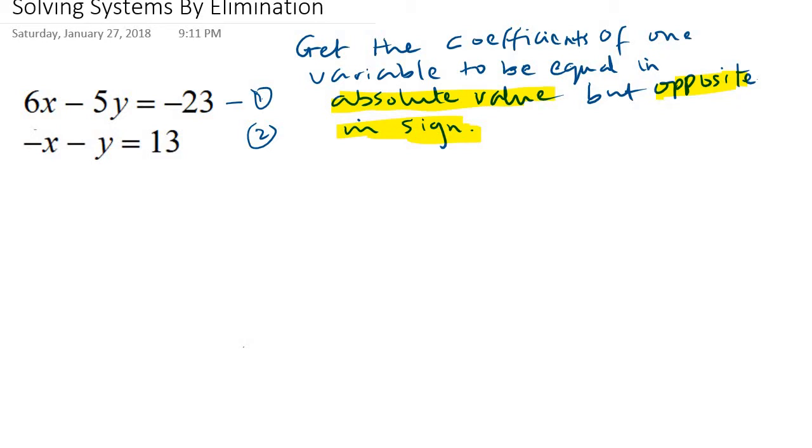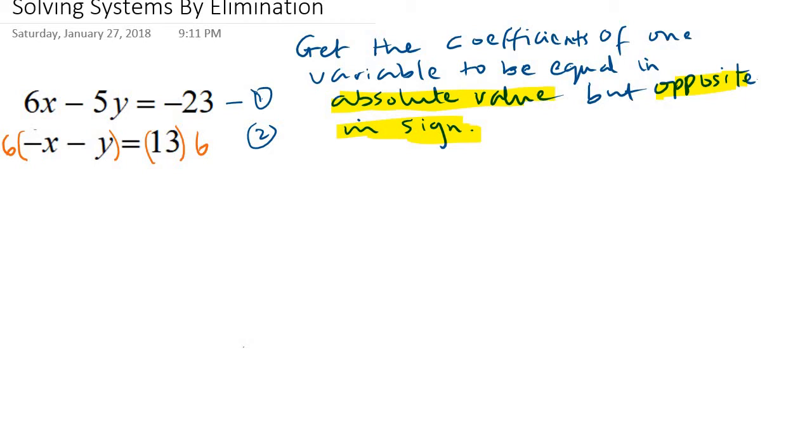Then it will be easier for me to get the other one, equation 2, to have negative 6. So all I need to do is multiply every single term here by 6, because whatever I do to the left, I do to the right, and it does not alter the overall balance of the equation. So that's what we're going to do.